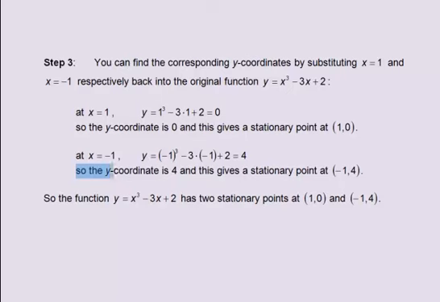So the y coordinate is 4, and this gives a stationary point at minus 1, 4. So the function y equals x cubed minus 3x plus 2 has two stationary points at 1, 0 and minus 1, 4.